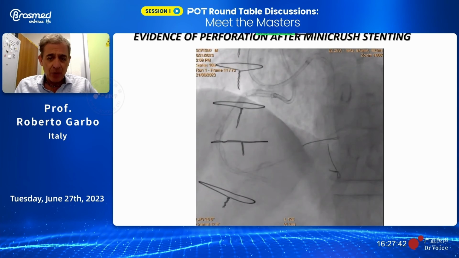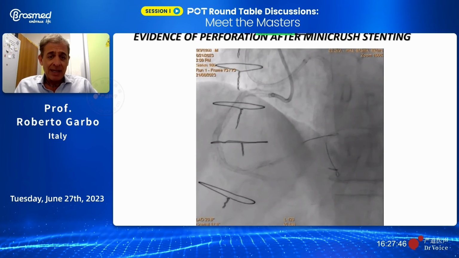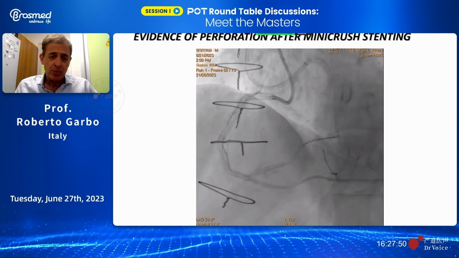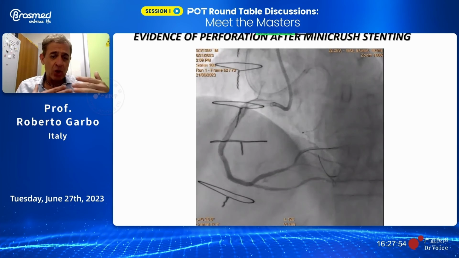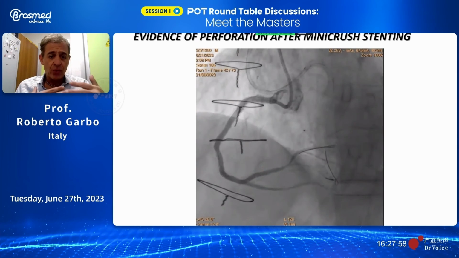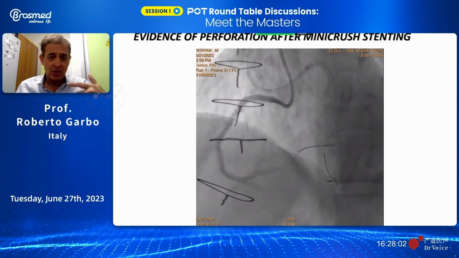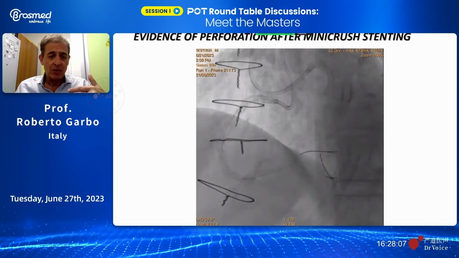So we performed an echo, and we started to see a small hematoma at the level of the junction between the right ventricle and the right atrium, and the hematoma was growing. So in this case, you need to close the perforation for sure. And the best way to save all the branches is putting a coil at the level of the hole.